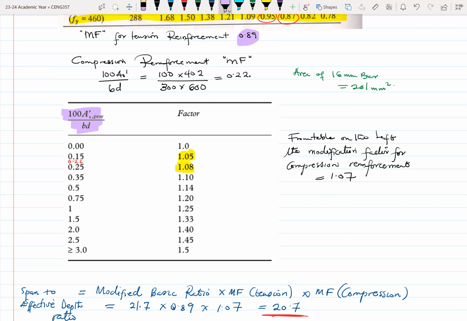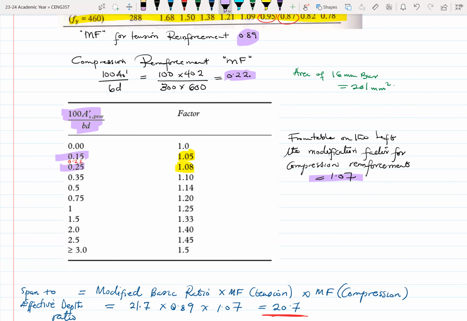So in my calculation, I had 0.22. With 0.22, again, I have to do linear interpolation because 0.22 lies between 0.15 and 0.25. Once we do our linear interpolation, we end up with a modification factor for the compression of 1.07.